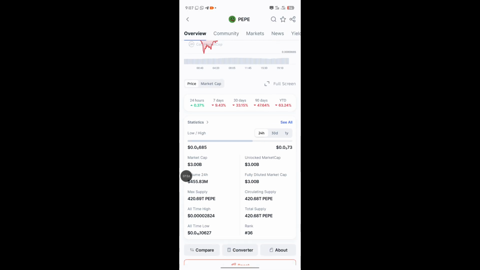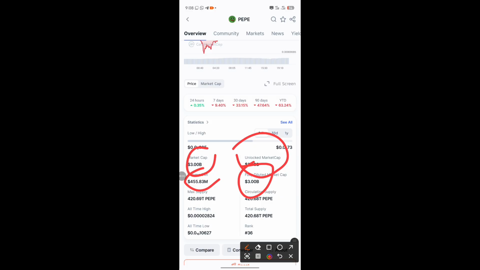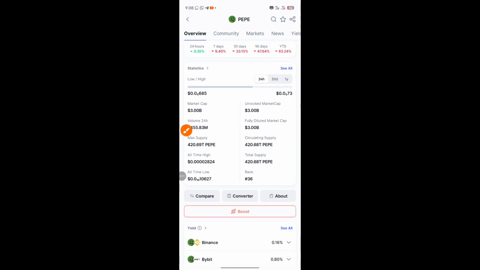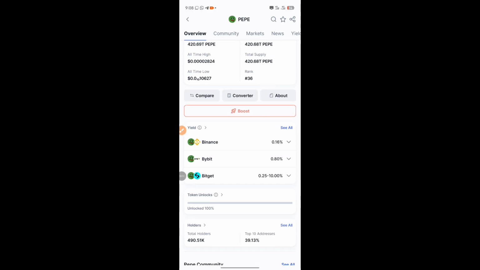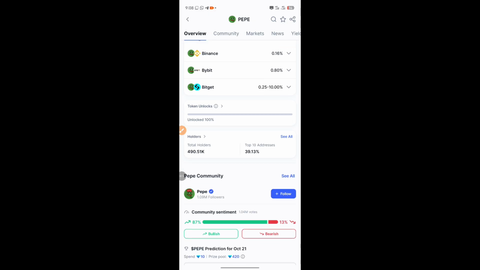Look at here, its market cap is over 3 billion. Its unlocked capital is also 3 billion. You can see its volumes, you can see this as well, and lots more of them. Yeah, this actually gives me peace of mind looking at this.